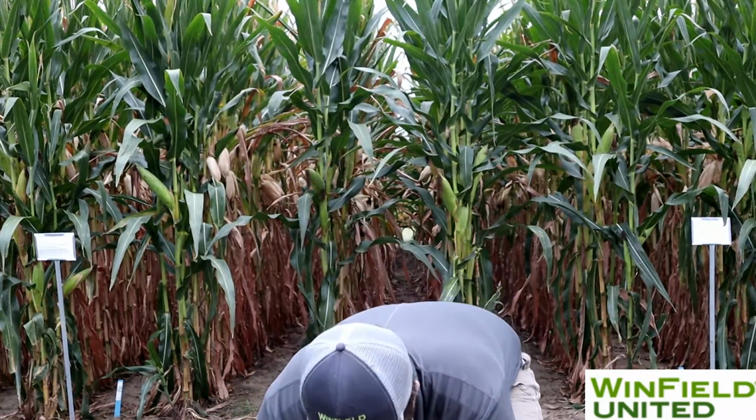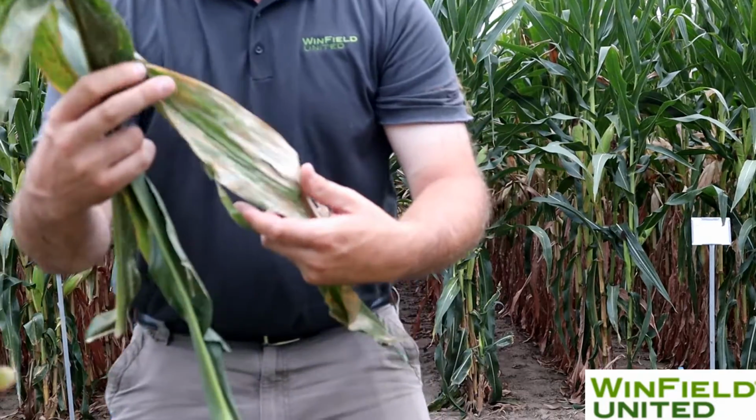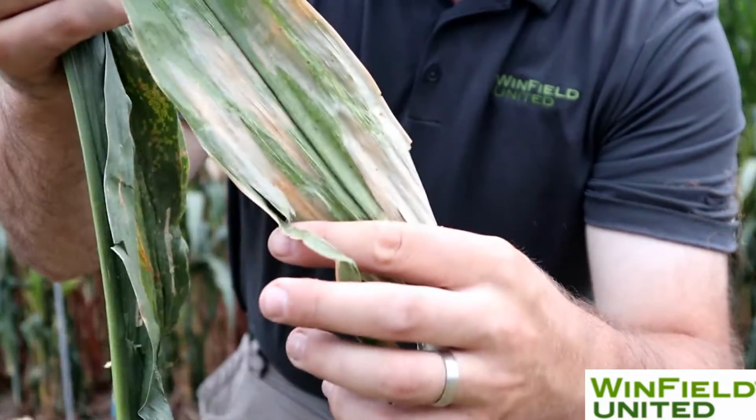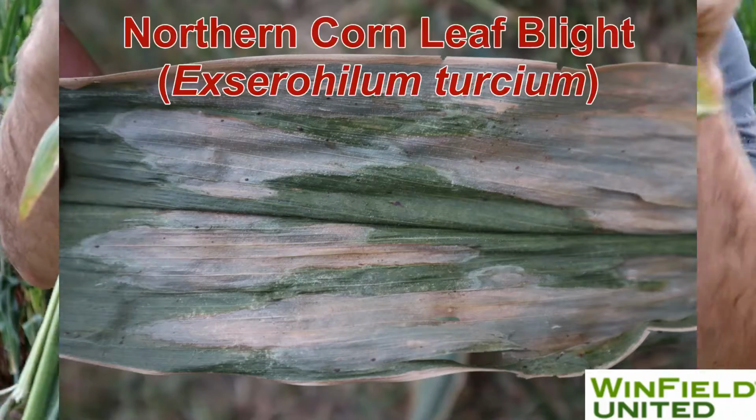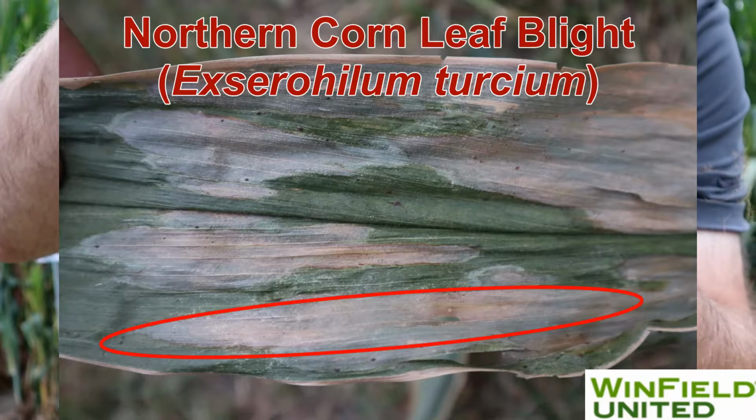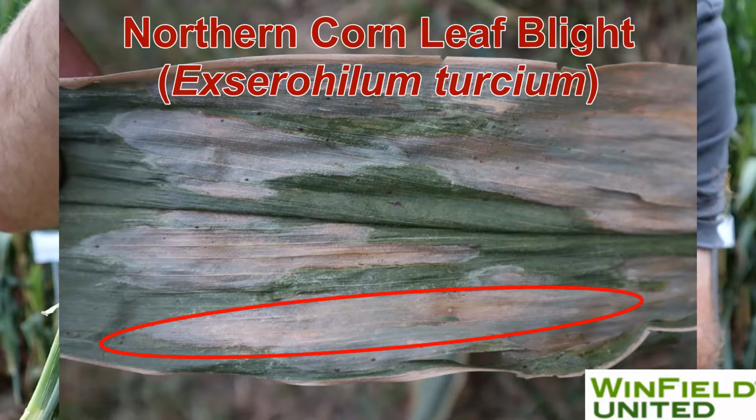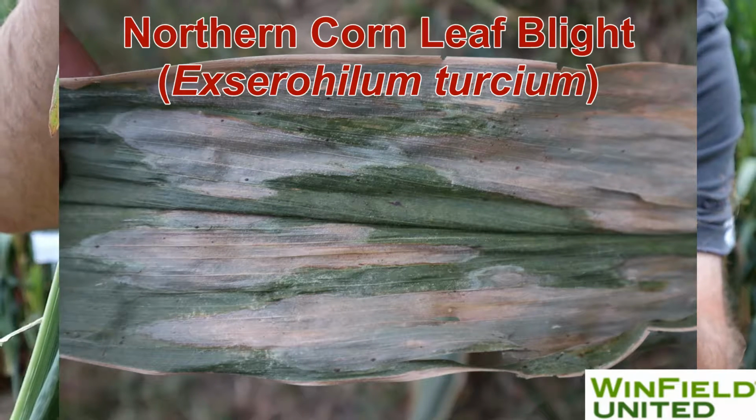Another thing you can look for is the amount of disease that we see on some of our plots. Namely, there's a couple diseases I want to highlight that we're seeing here. The first would be that of northern corn leaf blight, exhibited by large oval or cigar-shaped lesions throughout the plant.